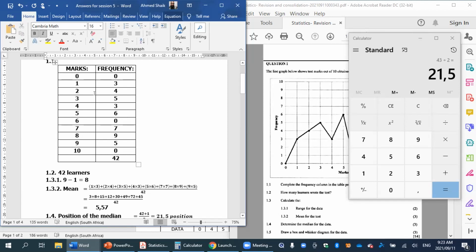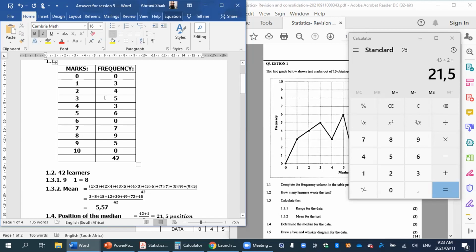So if I'm looking for position 21, I've got 0 plus 3, which is 3, 3 plus 4, which is 7, 7 plus 5, which is 12, 12 plus 3 is 18, and 18 plus 6, which would give me 24.